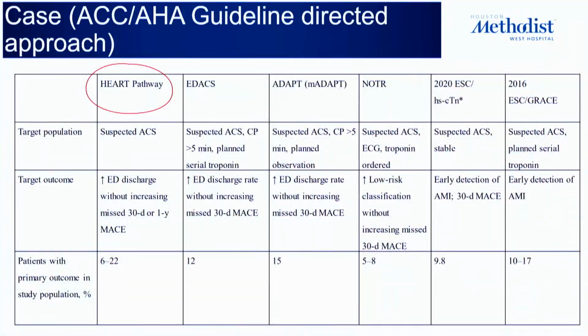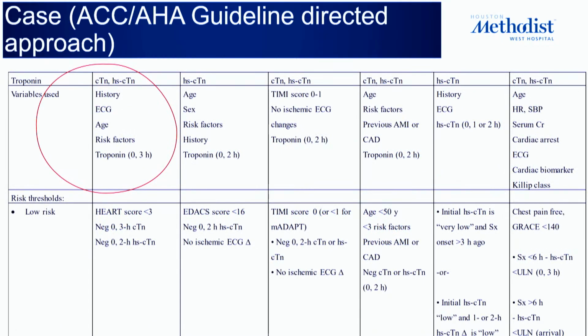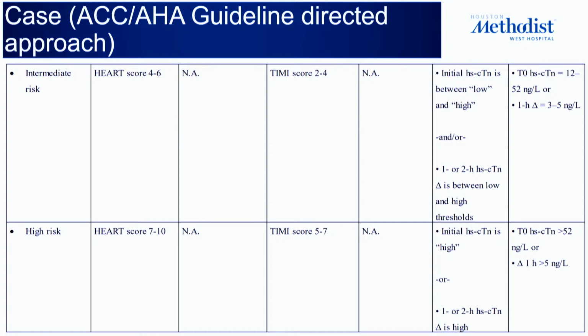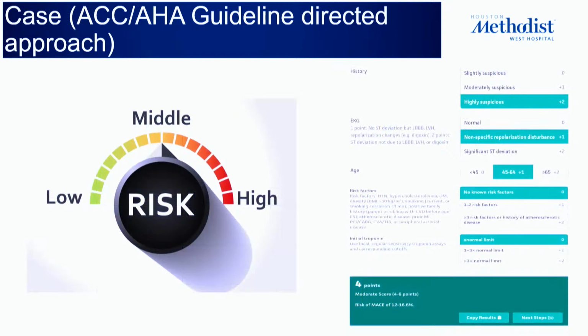Okay, so as Dr. Korelmine mentioned, there are several clinical decision pathway calculators that have been recommended in the guidelines. The most simple one is the HEART pathway, which involves the age, clinical risk factors, EKG, and troponins. And it has a categorization for the intermediate and high risk, as well as the low risk.